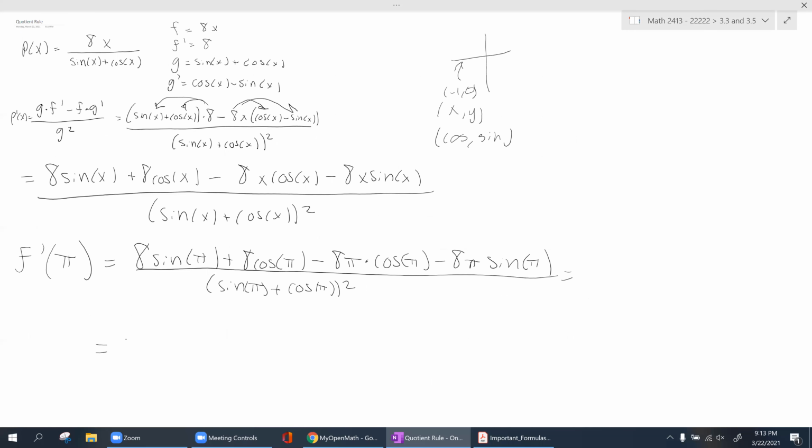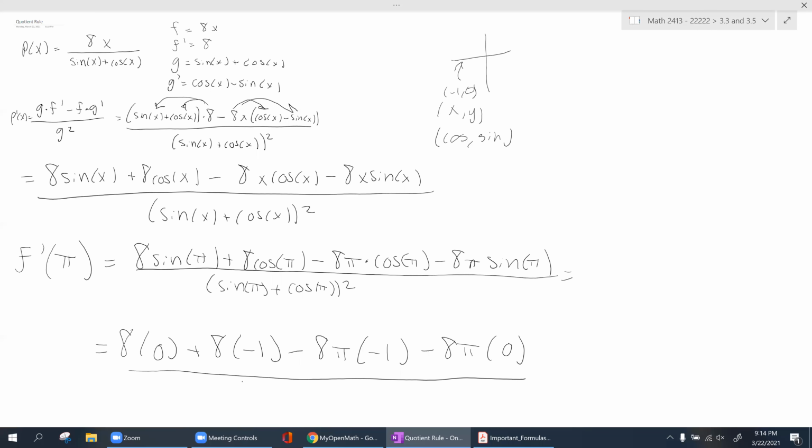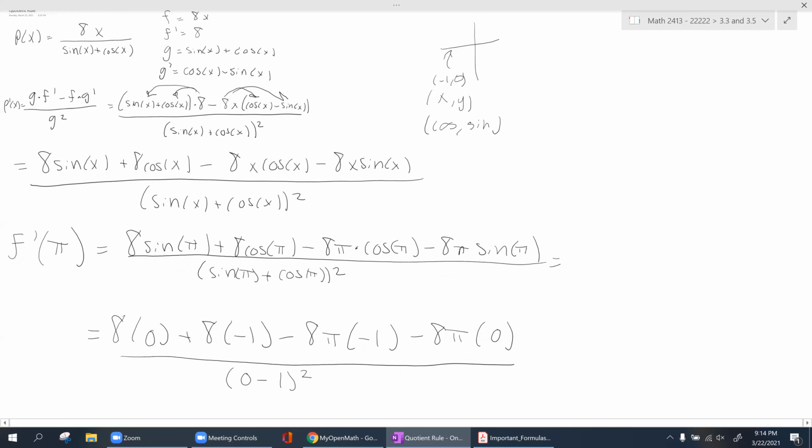So you might need to go ahead and clean this up. Let's go ahead and do that here. Sine at pi, that's going to be 0. So this is 8 times 0 plus 8 times cosine of pi, that's negative 1, minus 8 pi cosine of pi, that is negative 1, minus 8 pi sine of pi, that's 0, all over sine of pi, that's 0, plus negative 1 squared. Whew.